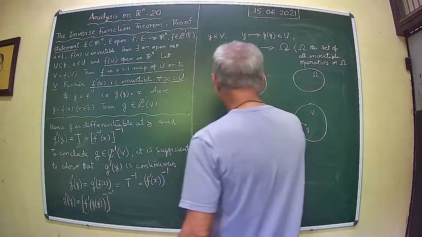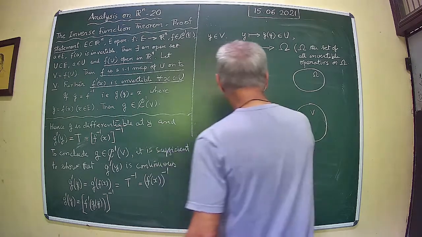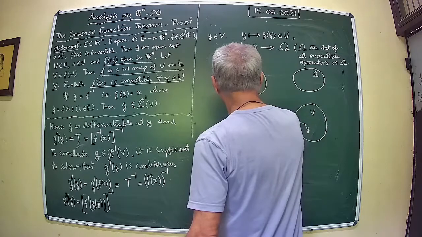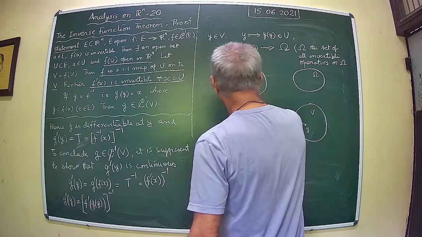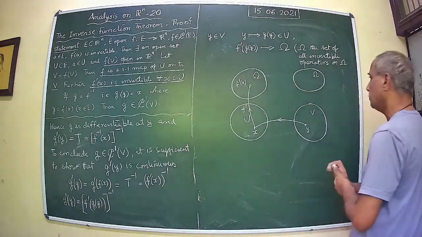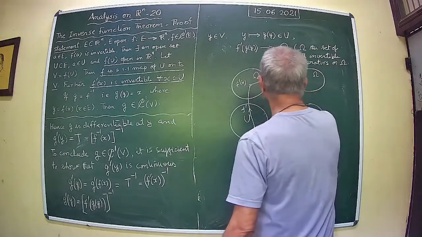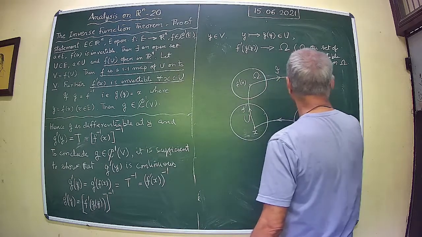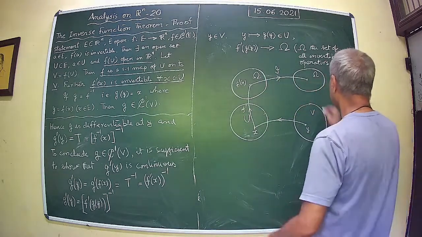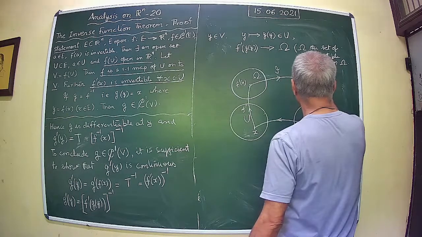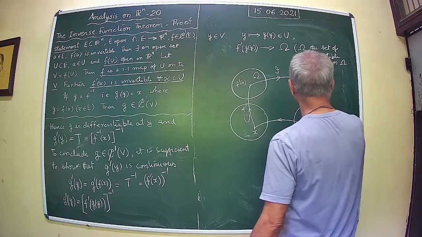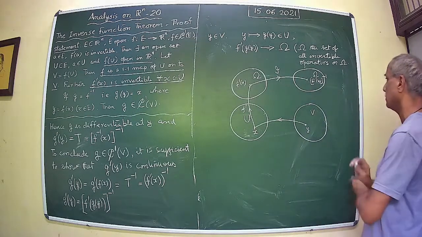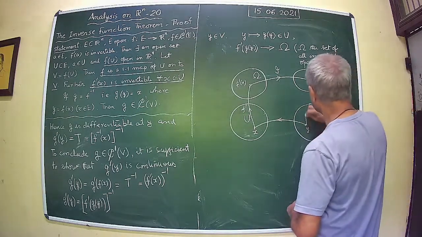So f prime maps this x to some element. Now what do you do? You apply the inversion map. Then what you get? You get f prime of x inverse, which is equal to T inverse.